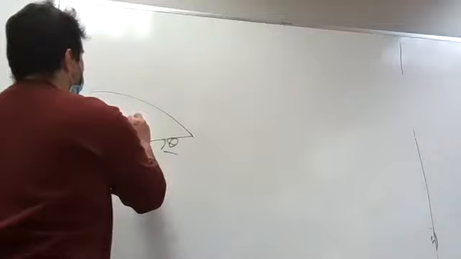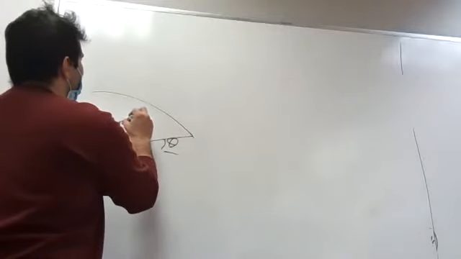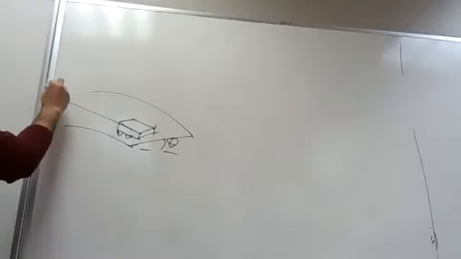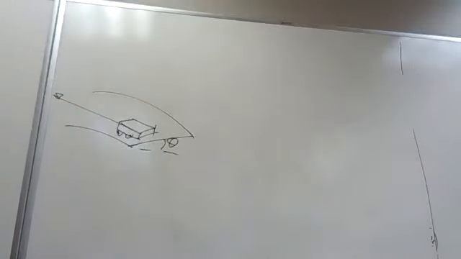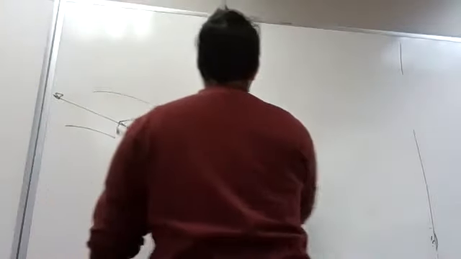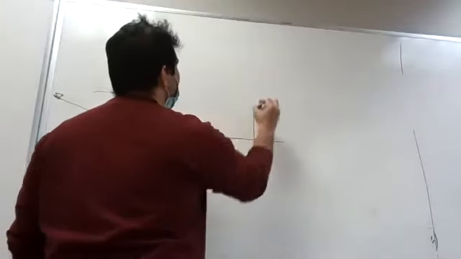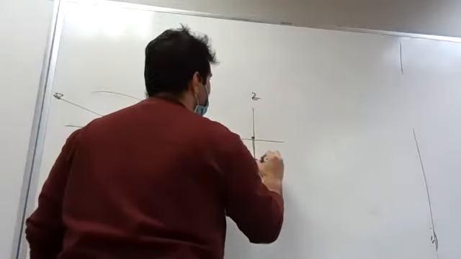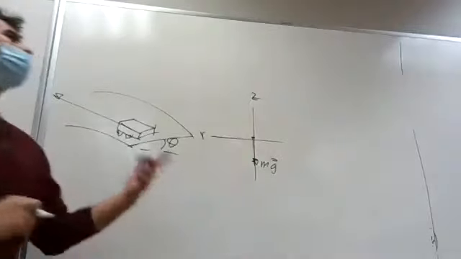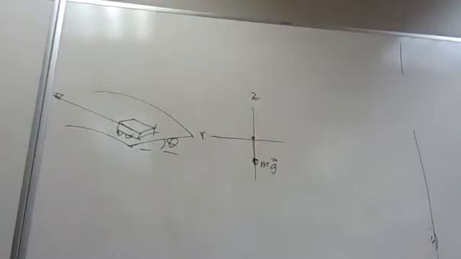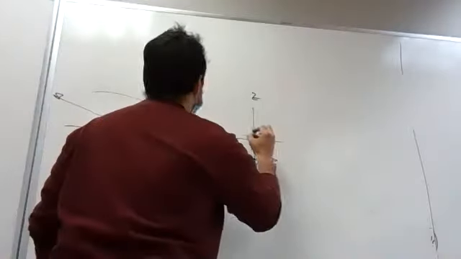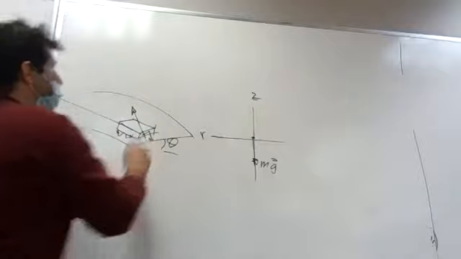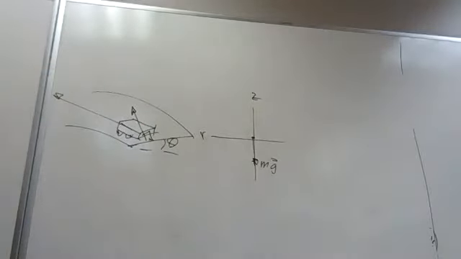If you look at the free body diagram of this thing, we would still have R as Z, but mg still always comes straight down. Oh, by the way, for some examples, Z might not even be up. Normal force is now not in the Z direction. It's still perpendicular, but it's not in the Z direction.